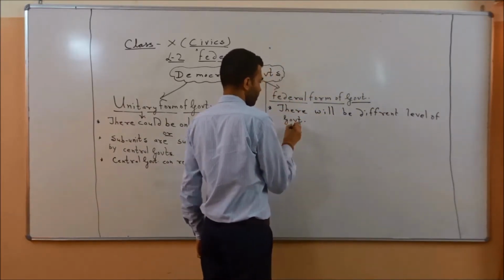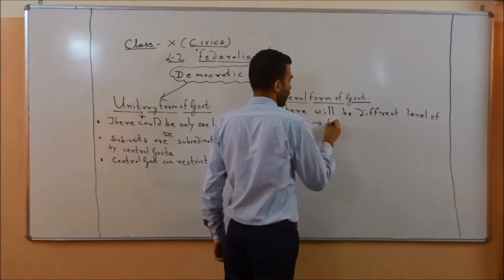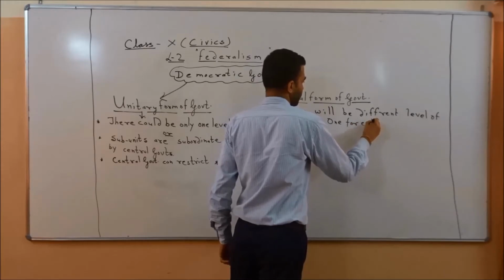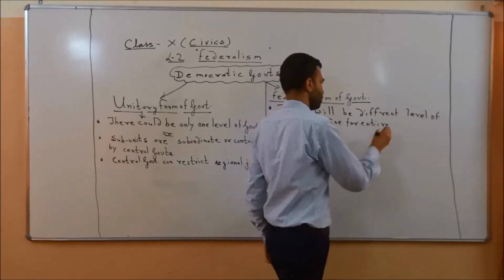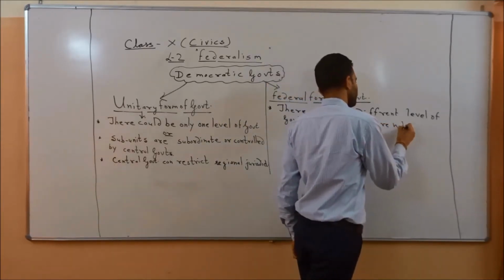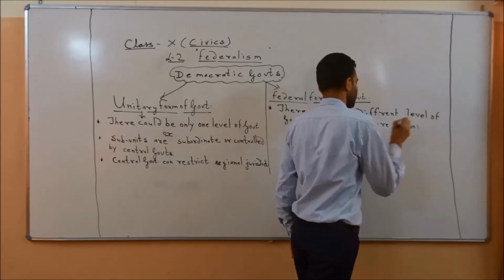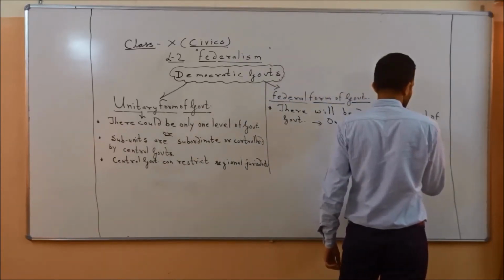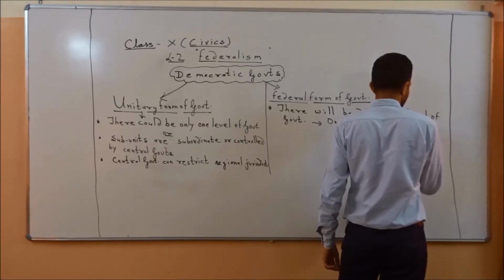For say, one for the entire nation, it is called union, it is called central government.